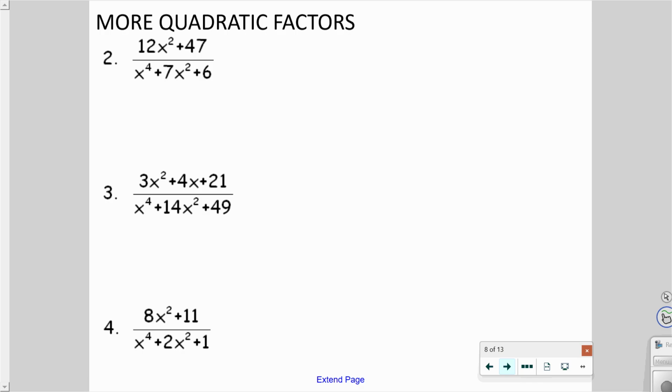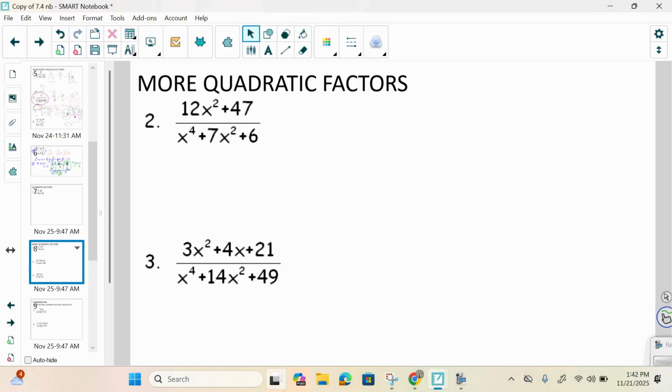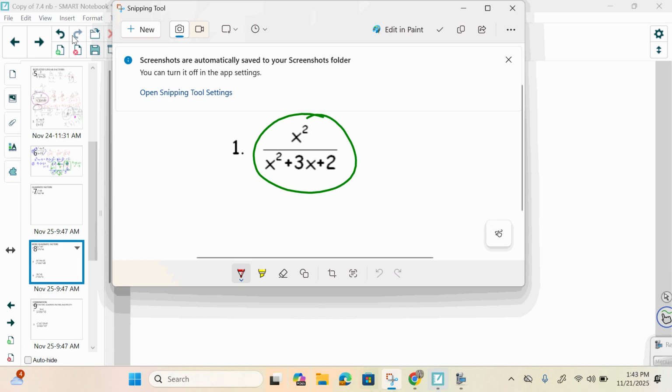Molly, how do we factor that denominator? X squared plus 1, x squared plus 6. Yep, that's the way we are going to do it. Again, I'm just going to give myself more room. I don't know why I didn't make all of these on their individual page.